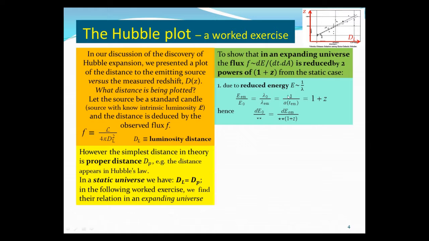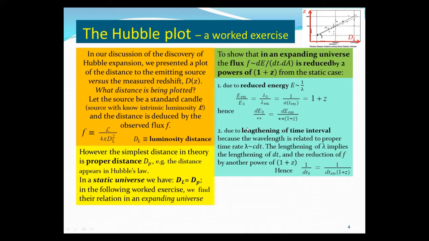The scale factor at present time is 1, and this is the scale factor at emitting time. From the relation we derived in the last slides, that's equal to 1 plus z. So the received energy is related to the emitted energy scaled down by a factor of 1 plus z, because the energy scales like the wavelength in the expanding universe, and the wavelength is stretched out.